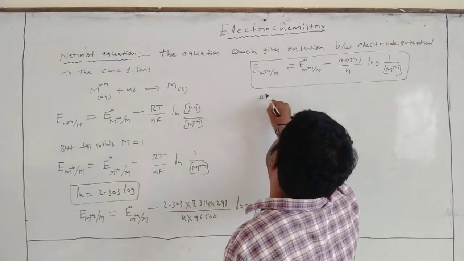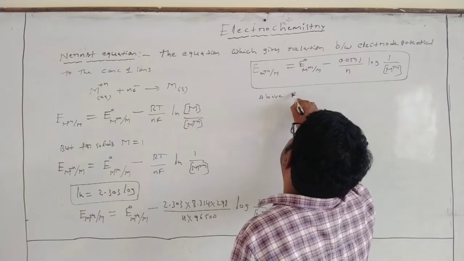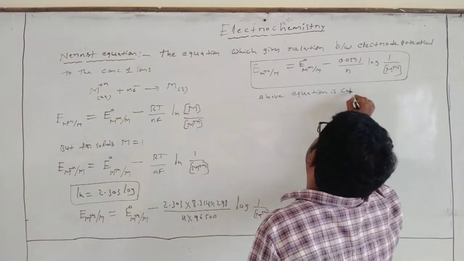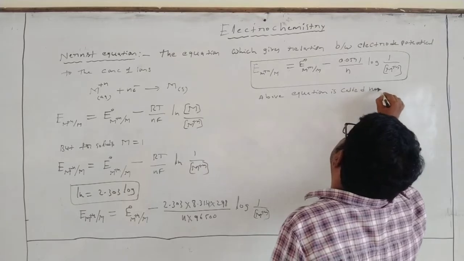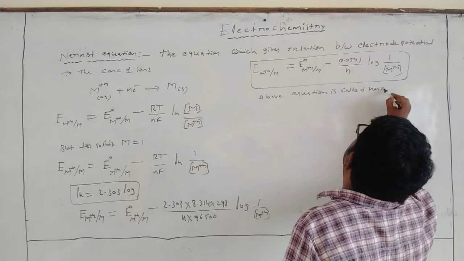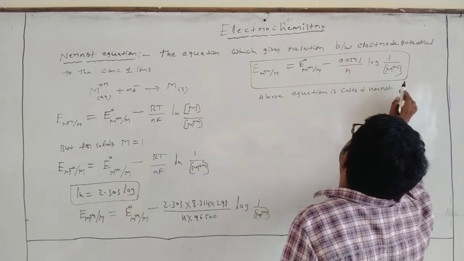This above equation is called the Nernst equation.